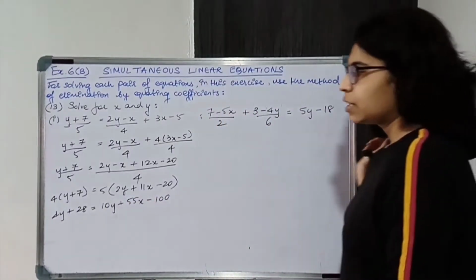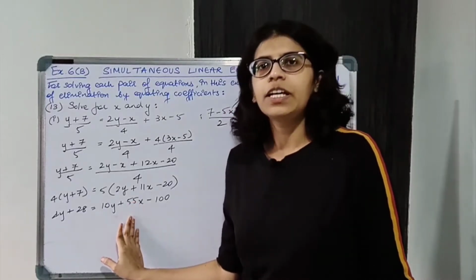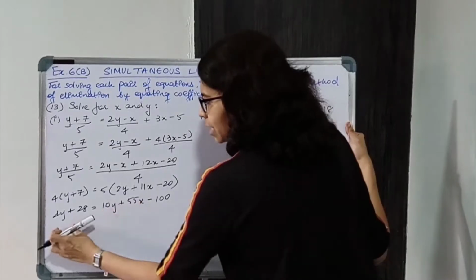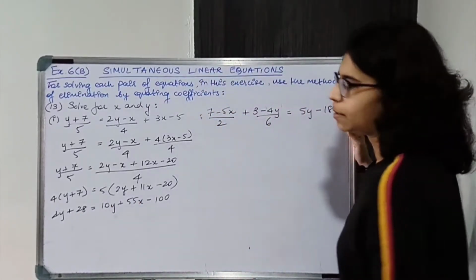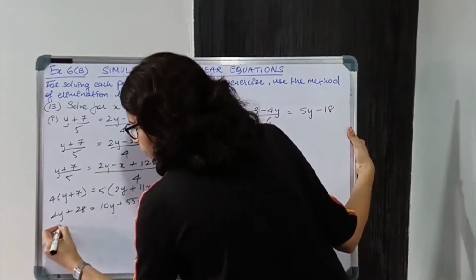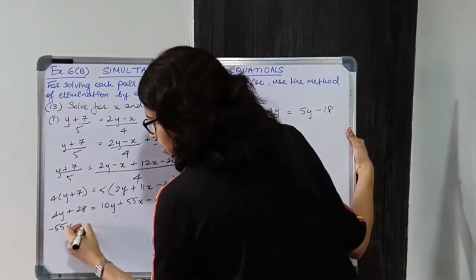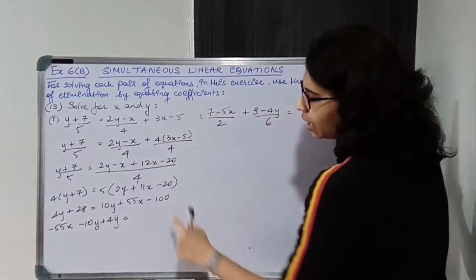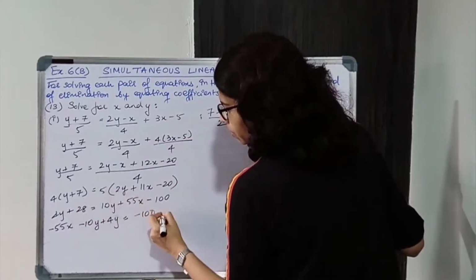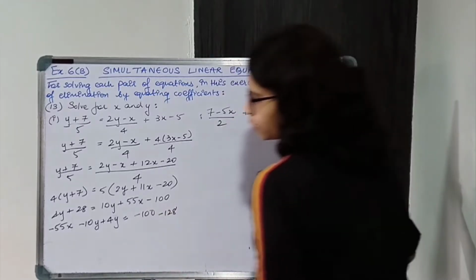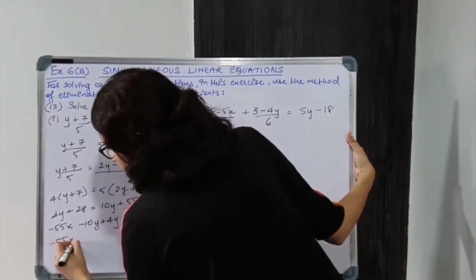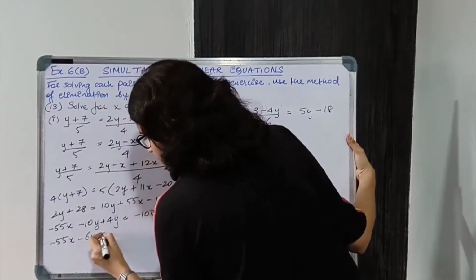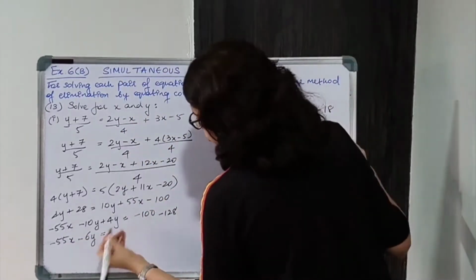Now we'll shift the variables to LHS and numbers to RHS. So these terms go to LHS, and this comes to RHS. So minus 55x, minus 10y plus 4y, and minus 100 will become minus 128. So we'll get minus 55x minus 10y plus 4y is minus 6y. And minus minus, so we are going to add.